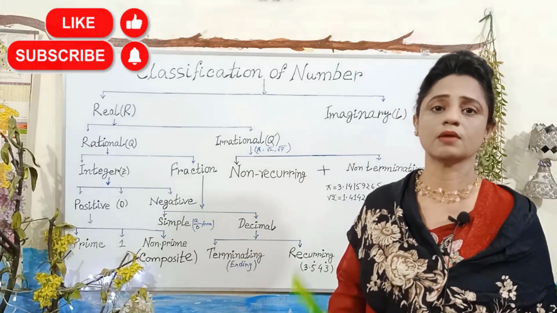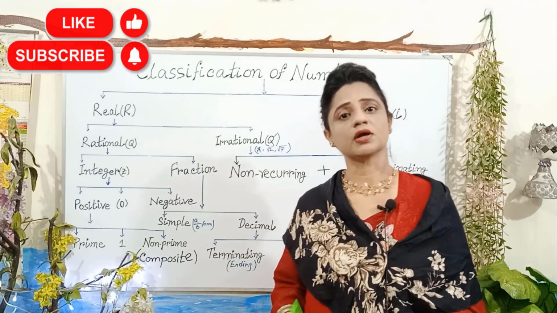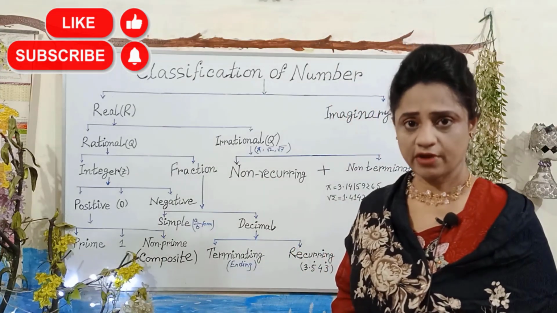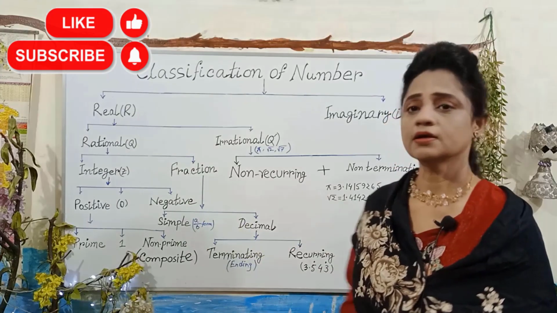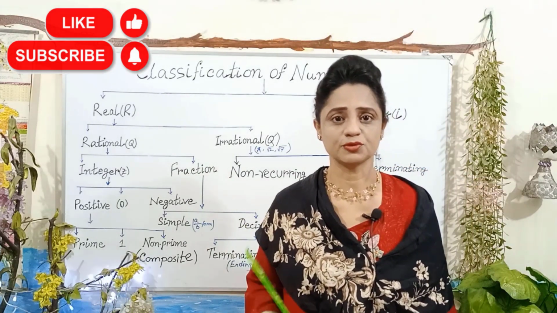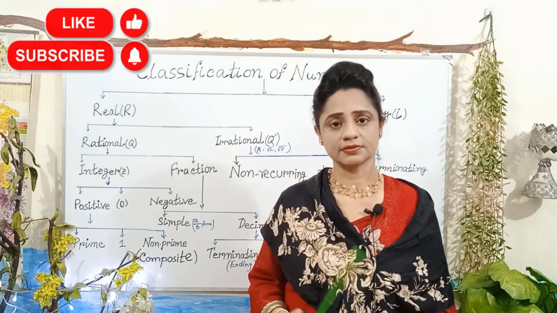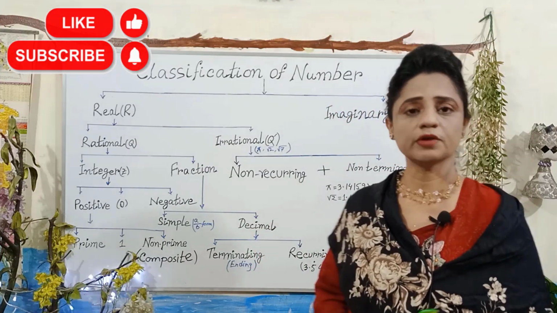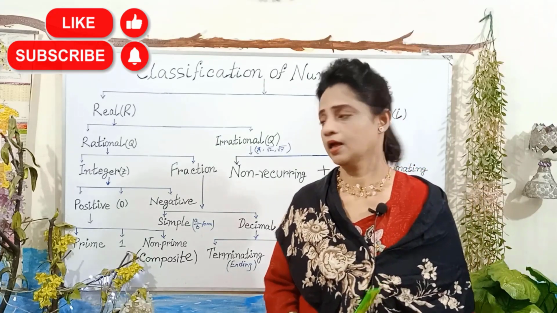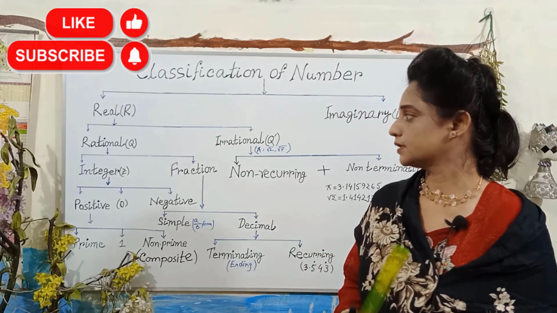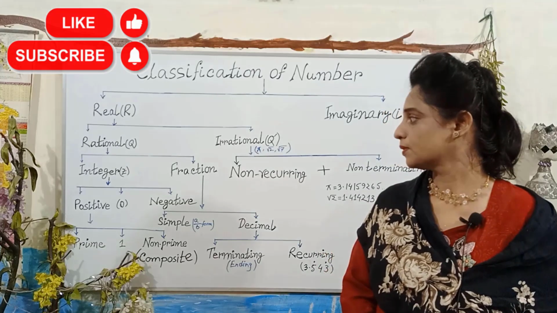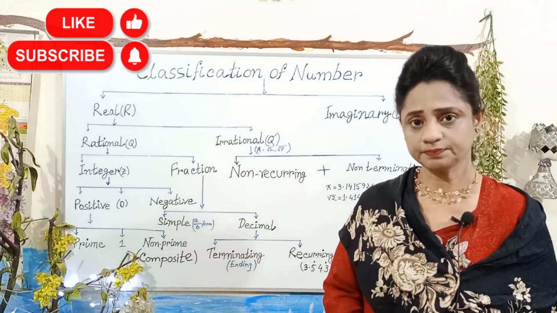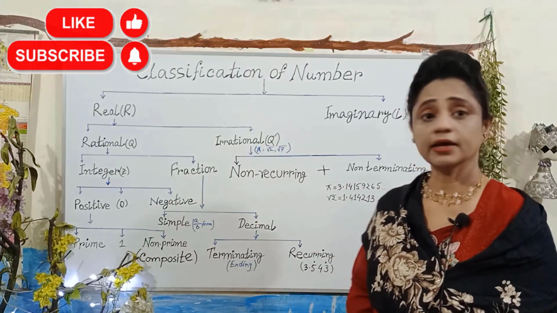Integer is whole numbers like minus 1, minus 2, minus 3, 1, 2, 3, 0. It cannot be fraction. And fraction is like 3.54, 2.3 and this type of numbers. Integer is denoted by Z. Integer is divided into three parts, that is positive integer, 0 and negative integer.